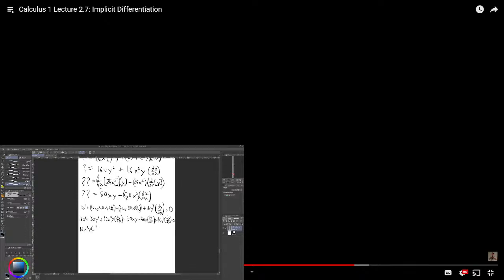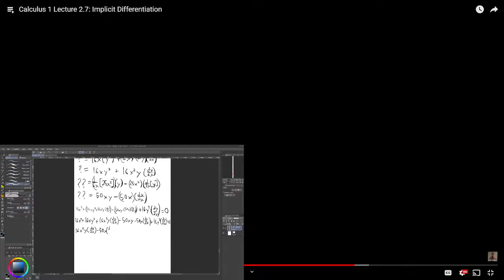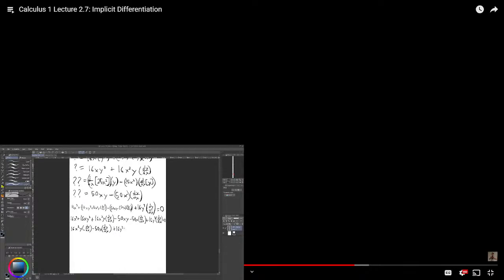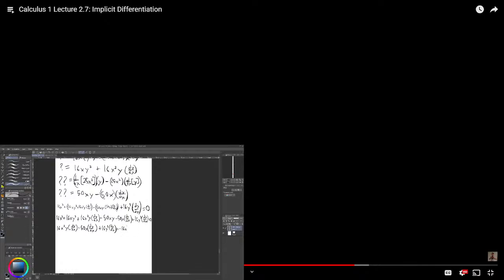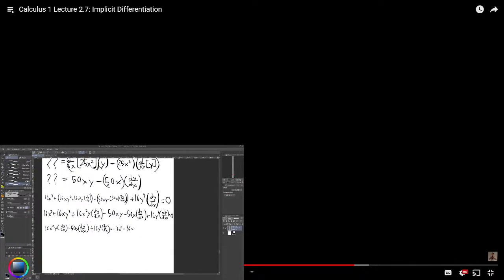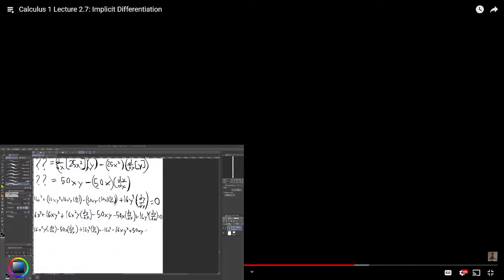16x squared y dy/dx minus 50x dy/dx plus 16y cubed dy/dx equals negative 16x cubed minus 16xy squared plus 50xy, and that's it.